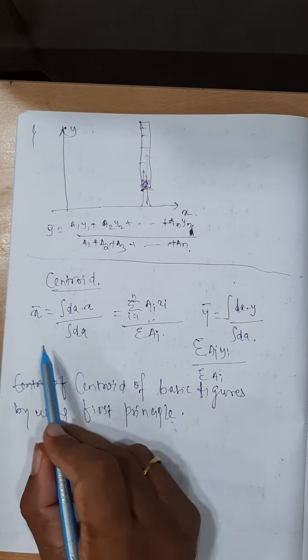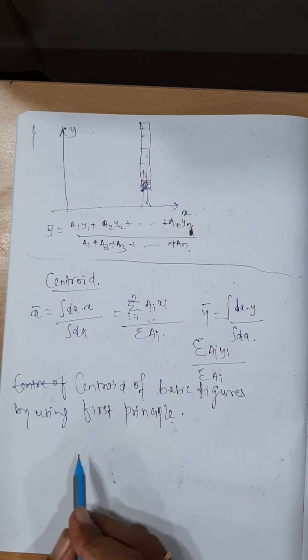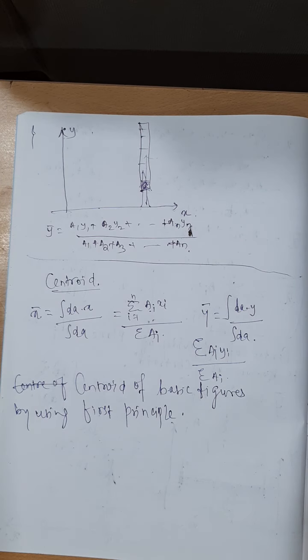Here, whatever the figure given, we consider a small elemental part of it. We calculate the location of the center of that small elemental part. Then we move that small elemental part from one end to the other end, and hence we calculate the center of gravity of the figure.